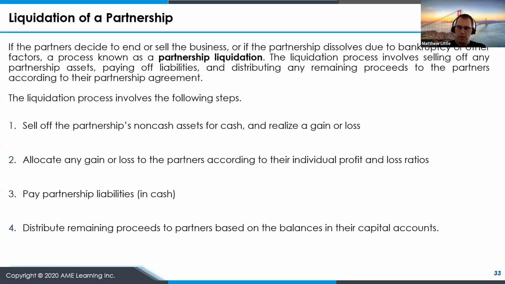So typically they follow a specific set of steps, which you can see on the screen here, where they sell off the partnership's non-cash assets for cash, and they might have a gain or loss in the situation. They allocate any gain or loss to the partners according to the profit and loss ratios. They pay the partnership liabilities in cash, and any remaining proceeds are distributed to the partners based on the balance in their capital accounts.